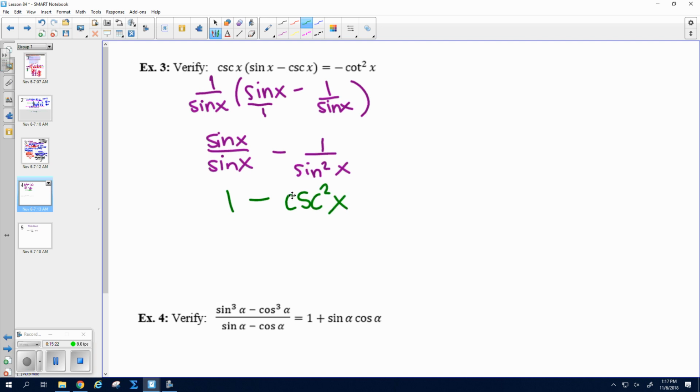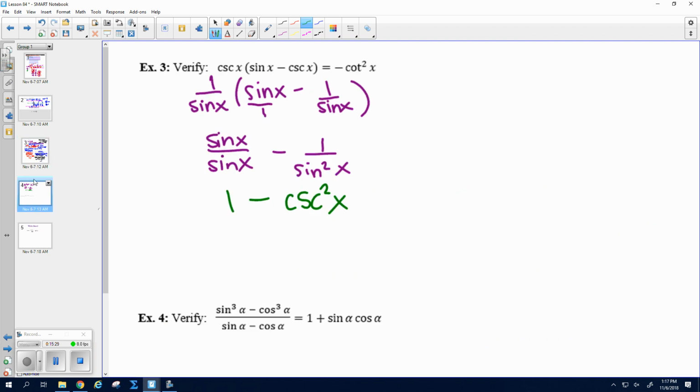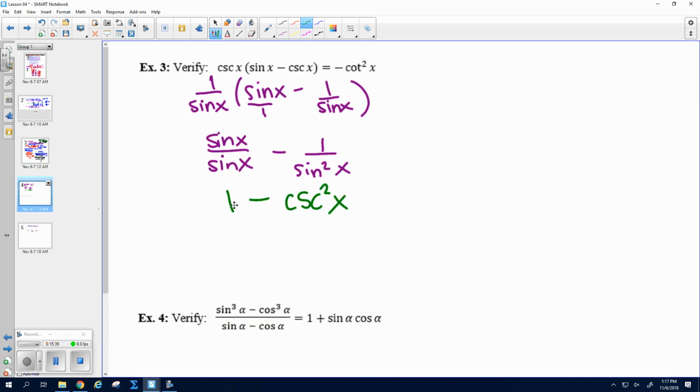But I think it works probably the way you're thinking too. And this is one of your best friends. Let's see. What am I trying to find? 1 minus cosecant squared x. So what is that equal to? Negative cotangent squared x, which is exactly what we were trying to find. Yay.